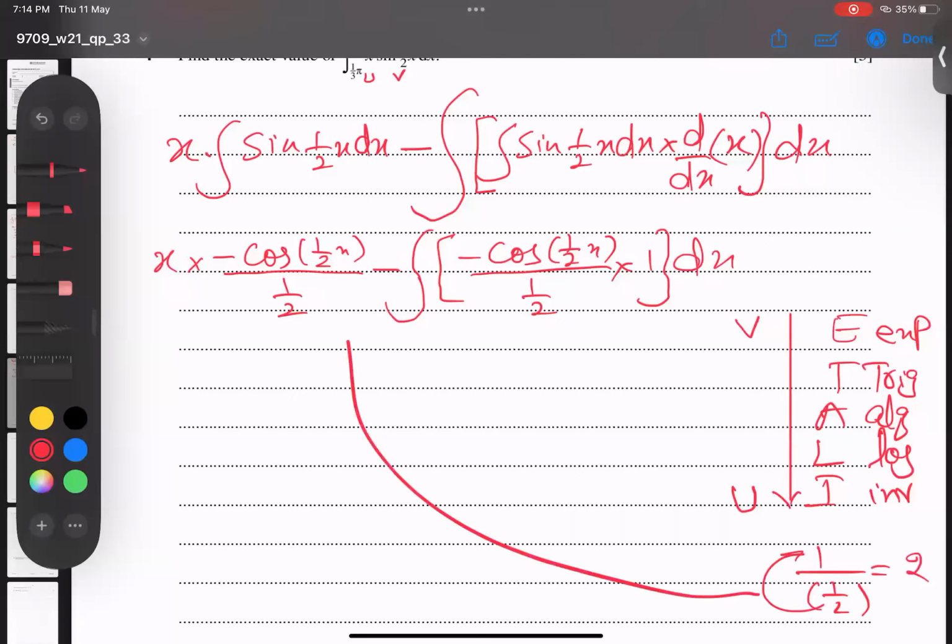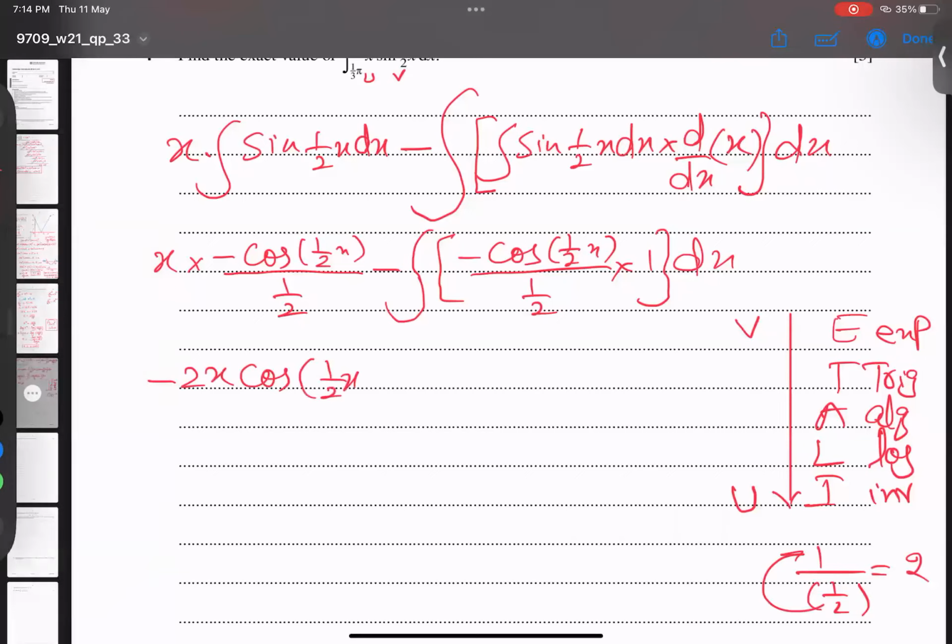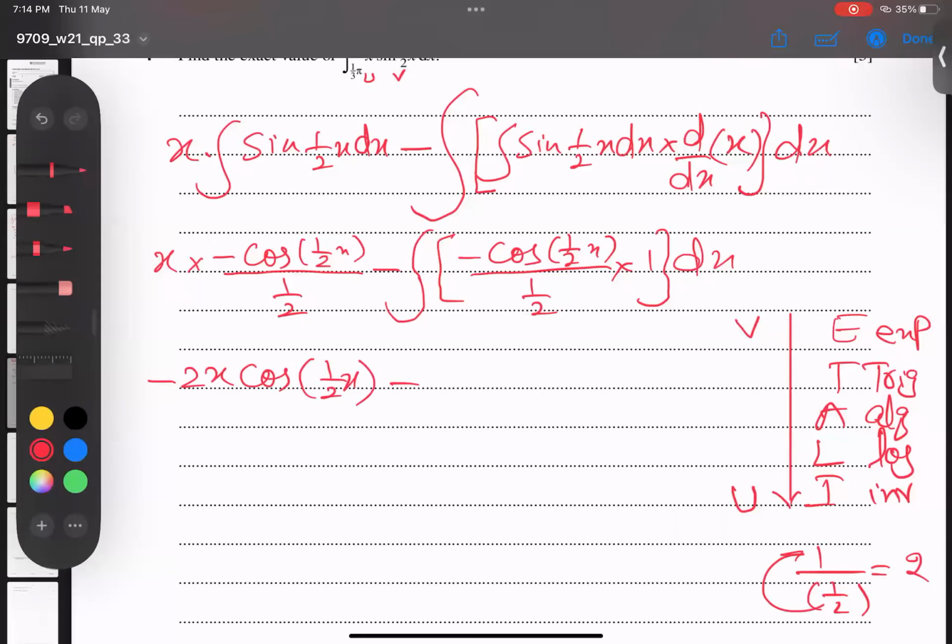So we get a 2. So this is a negative 2. I'm writing negative 2x cos half X. And this minus comes out and becomes plus. The 2 will flip out. Inside, I get cos half x dx.